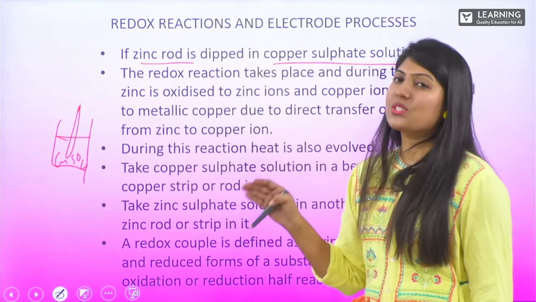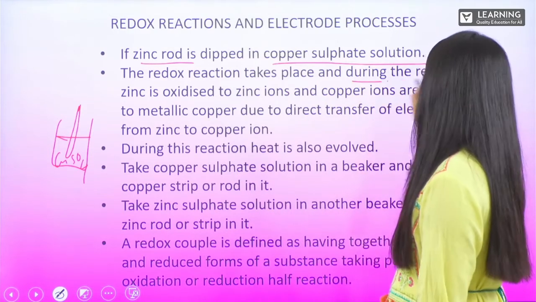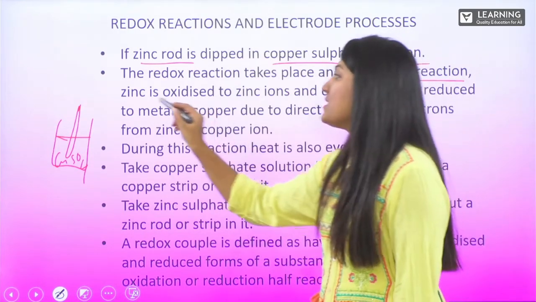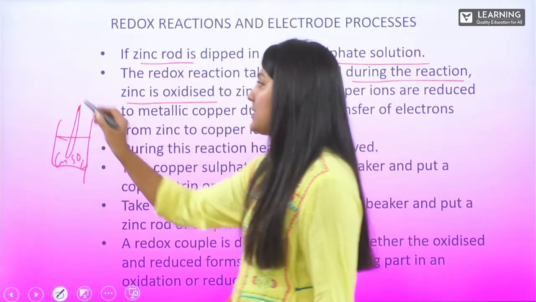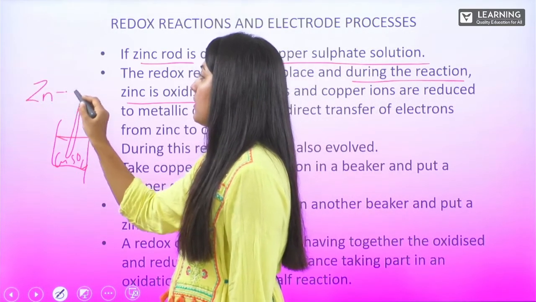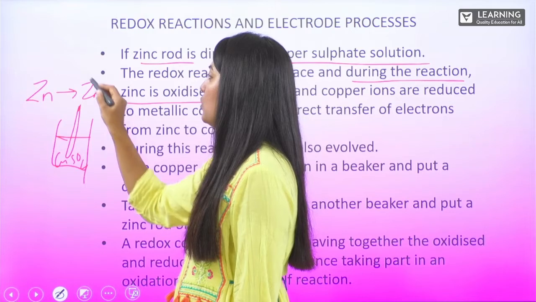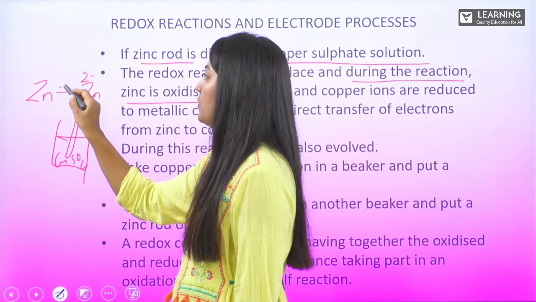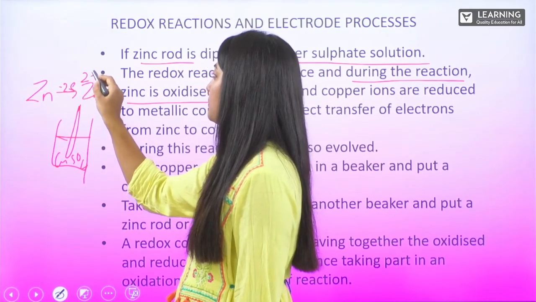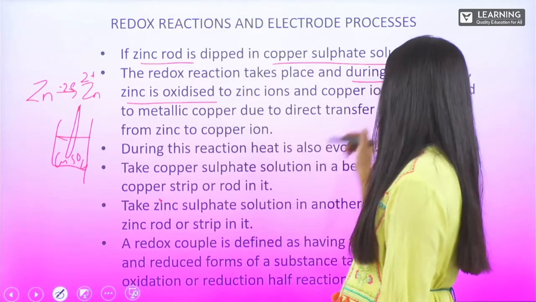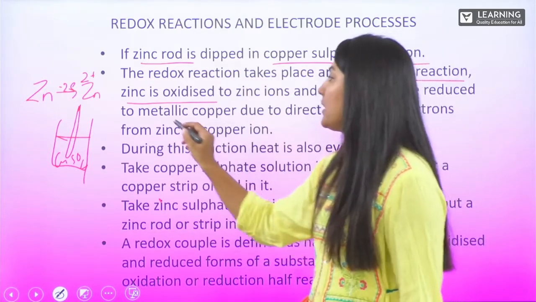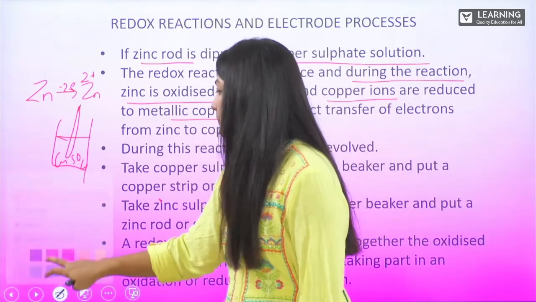The redox reaction takes place and during this reaction zinc is oxidized to zinc ions. That means Zn is oxidized to Zn2+ by removal of 2 electrons. And copper ions in the solution will be reduced to metallic copper.